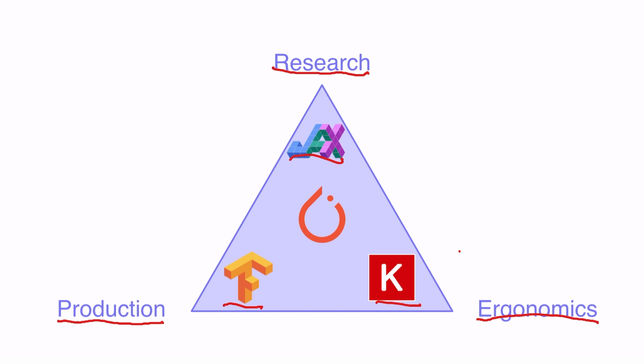So with each of these Google projects, they specialize or came out of one of these points of the triangle, where Keras really came into its own by making it way, way easier to deal with all this stuff than TensorFlow core itself. TensorFlow is still probably one of the best for putting machine learning models into production.